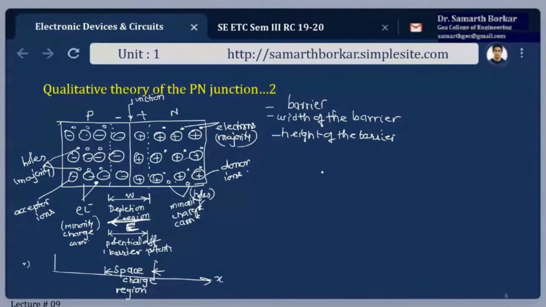For silicon PN junction, this barrier which exists in this region is 0.7 volt, whereas for germanium, this barrier is approximately 0.3 volt. Now, can you recollect these figures? You might have come across these voltages, 0.7 and 0.3. What is the significance of these two voltages?